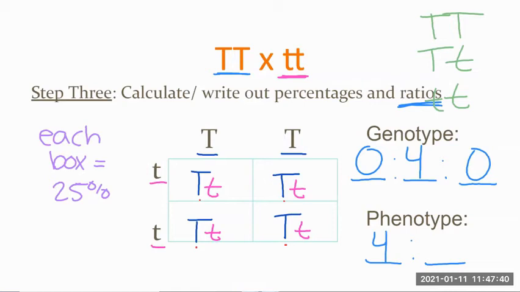Good. How many are going to be short? 0, because we don't see any homozygous recessive. All of these genotypes are masked by that dominant allele, so that dominant trait will show. So our ratios for phenotype are 4 to 0. 4 dominant to 0 recessive.